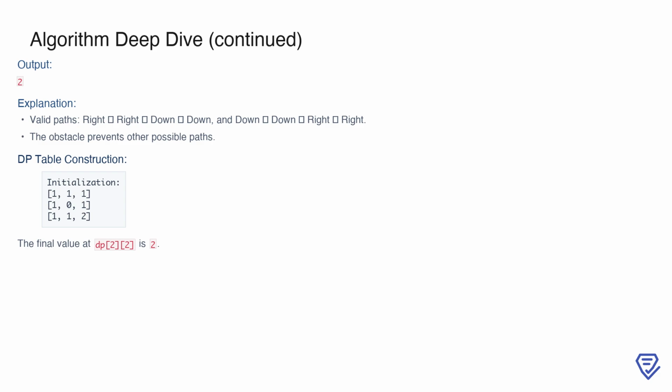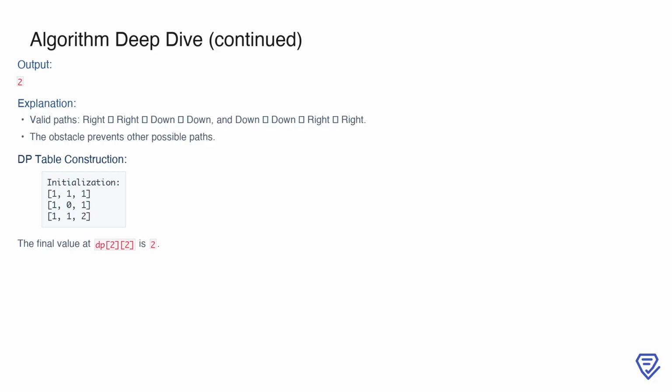To construct the DP table, we initialize the first row and column based on the assumption that paths continue unless blocked by an obstacle. For this grid, the initialization results in the first row being 1, 1, 1, and the first column being 1, 1, 1, with adjustments made for obstacles. As we fill the table, the obstacle at (1, 1) sets dp[1][1] equals 0, blocking paths through that cell.